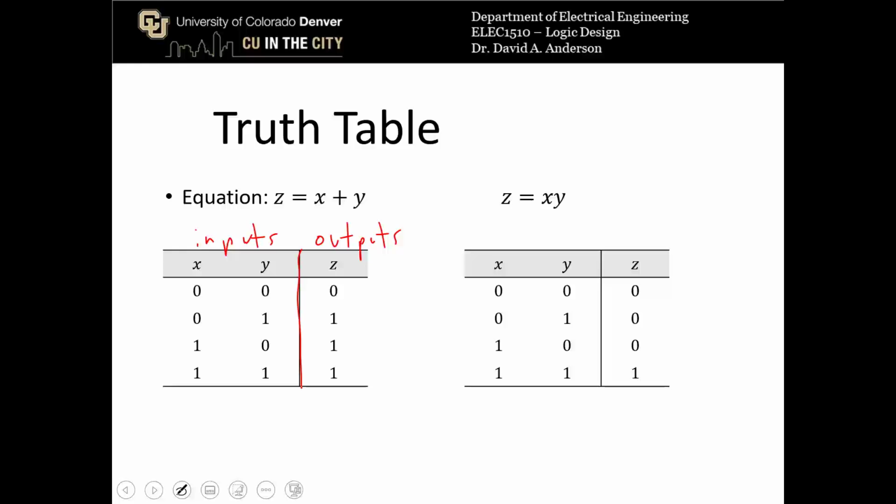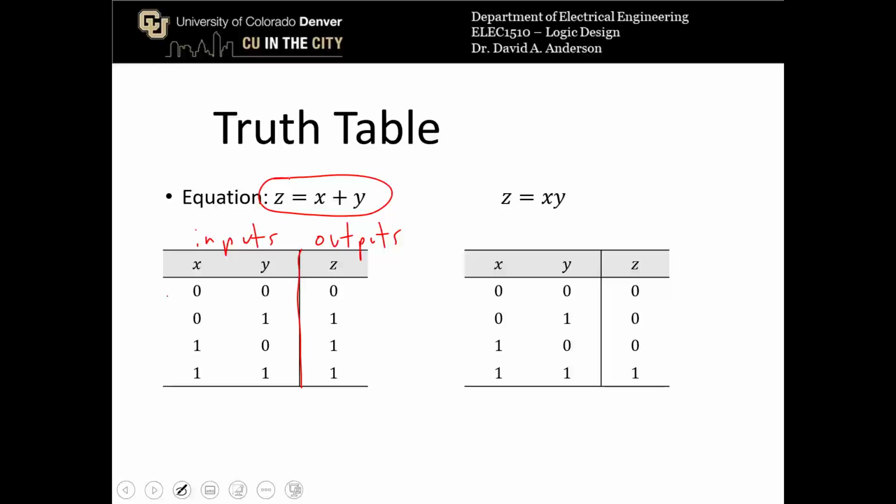The one on the left is the truth table for the Boolean equation z equals x or y. And we know from a previous lecture that z equals x or y is going to produce z equals 1 if either x or y is 1 or if both x and y are 1. So we list all possible values for x and y.